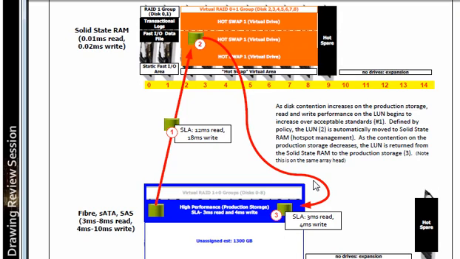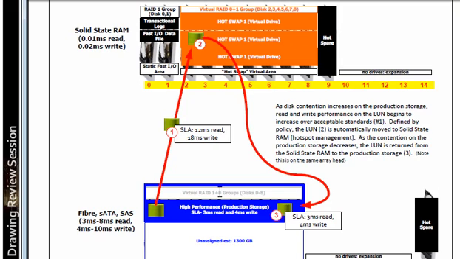And so we have different types of storage drives in our environment. Here we're illustrating two different types. We're doing a low performance, high capacity drive, like a SATA or a SAS drive, which is going to range somewhere between 3 milliseconds and 10 to 12 millisecond reads and writes, right?